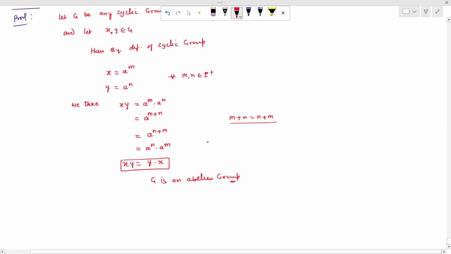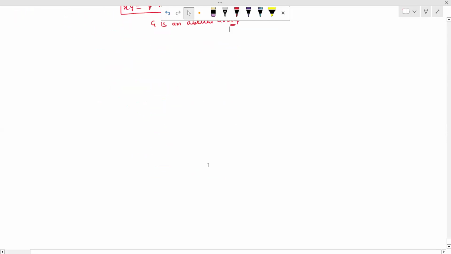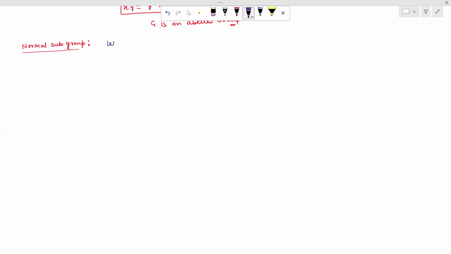Now we move to the next definition, that is the normal subgroup. A very important definition. We define: let G be any group, and H be any subgroup of G, meaning H itself is a group.